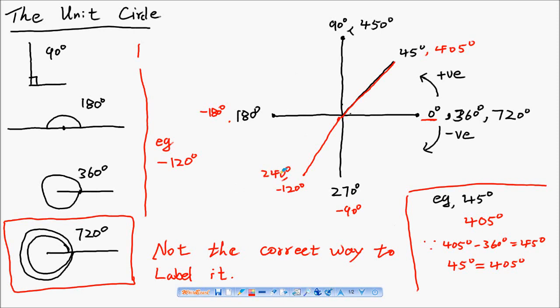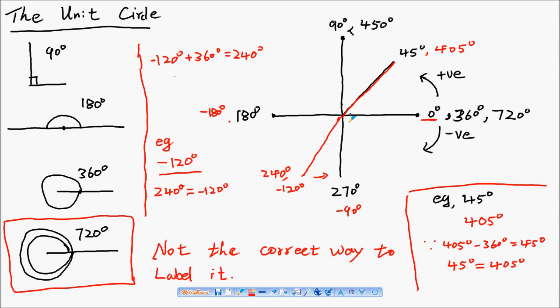So in a unit circle, 240 degrees is equal to minus 120 degrees, because minus 120 degrees plus 360 degrees, if I go around the circle this way, equals 240 degrees.